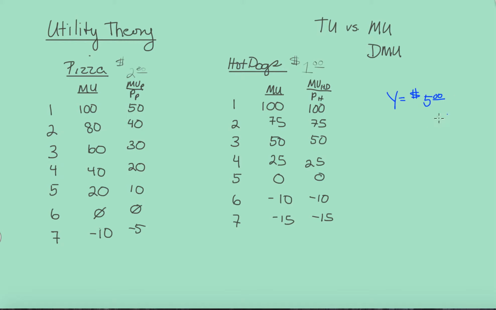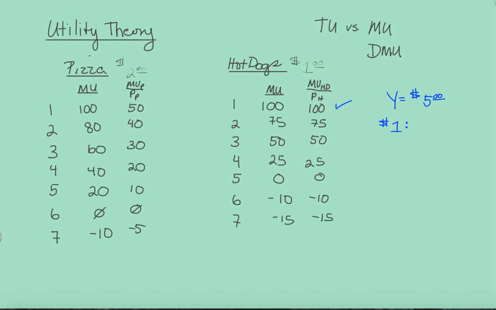So how is he going to choose to spend his $5? Well, on his first dollar, what would he choose to buy with $1? Well, his first dollar would be spent right here, right? He would buy $1 worth of hot dogs. So he's spent his first dollar and he's bought a unit of hot dogs.